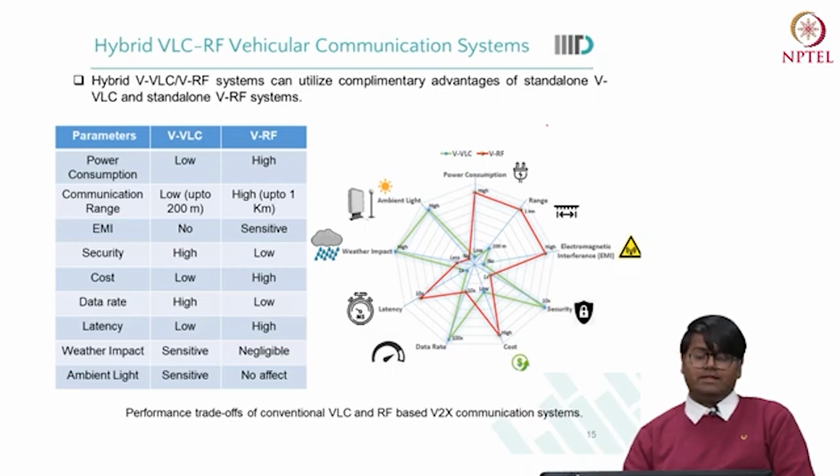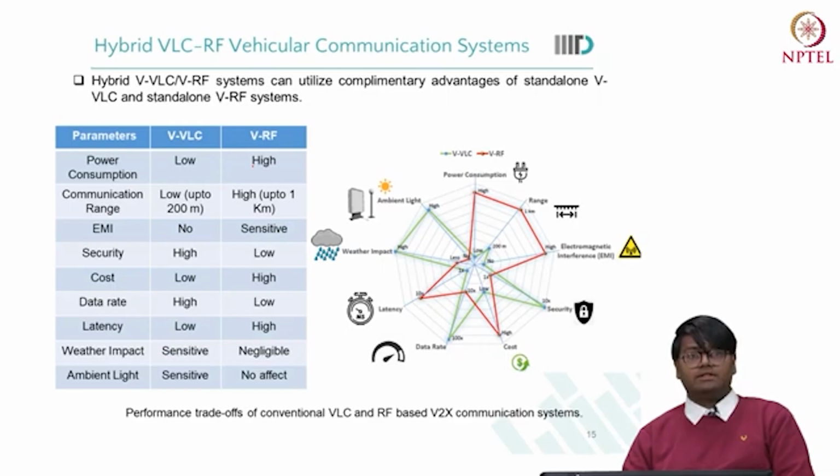As we see from this spider diagram, we see the pros and cons of this VLC and RF based V2X communication system. When it comes to power consumption, vehicular VLC has lower power consumption as compared to vehicular RF.